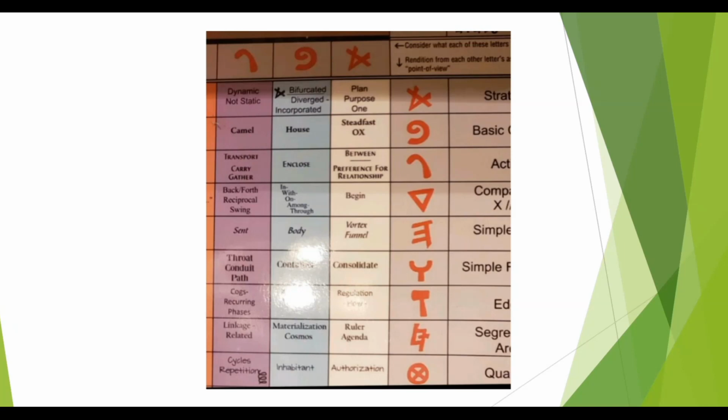Aleph at the Bet position could be steadfast or ox. Aleph from the Gimel perspective, between, preference for relationship. Aleph for the Dalet perspective, begin, a starting place. So it would go on and on and on, and you can just read down each column and gather the idea that Aleph can stand for. And each letter is the same way. There's so much information on this chart.